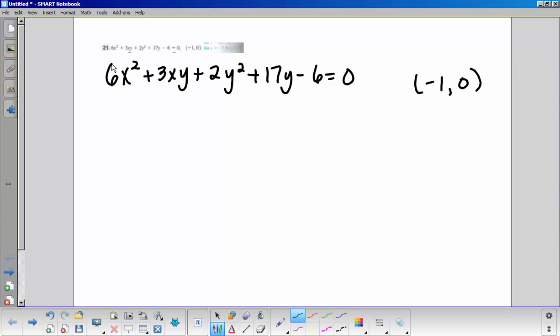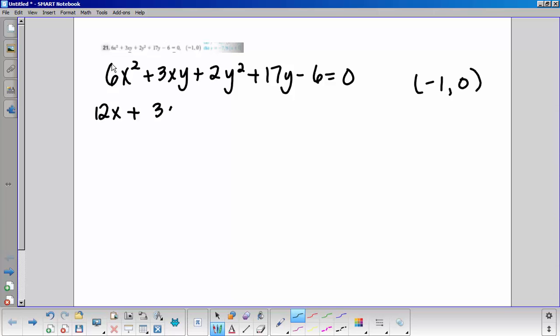All right, in order to find a tangent line, I've got to have some slope, because I've got a point, right? So how do we take the derivative implicitly? 12x plus, now we have to use what rule here? Product, right?